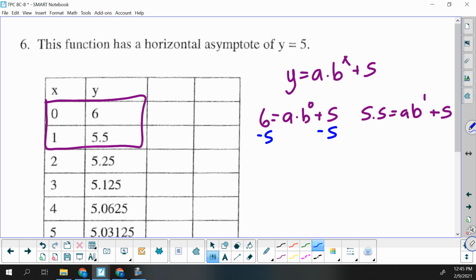Subtract the 5's over. We'll get 1 equals a times b to the 0. And we'll have 0.5 equals a times b to the first.